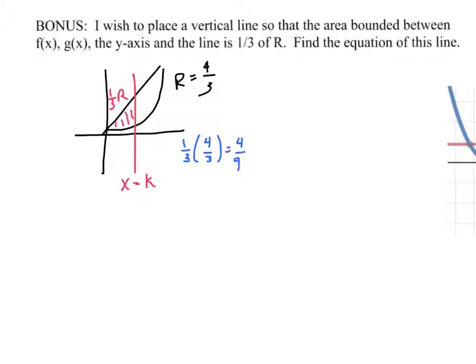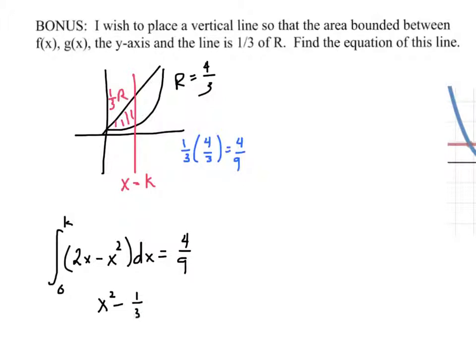So essentially, I want to set up an integral from 0 to k of my top function minus my bottom function such that I get an answer of 4/9. The antiderivative would be x squared minus 1/3 x cubed, evaluated at k and 0.